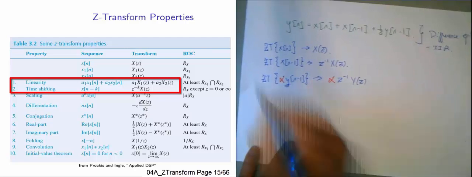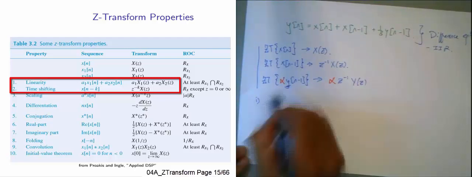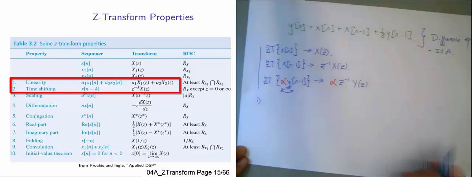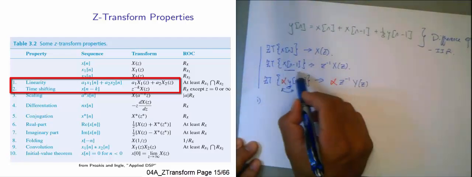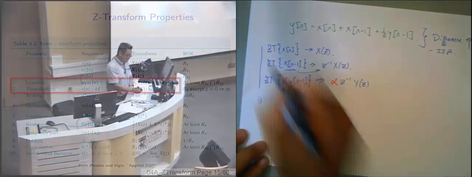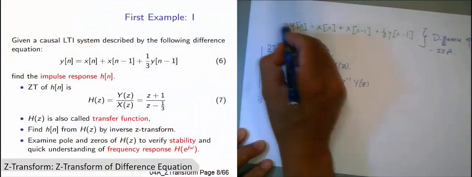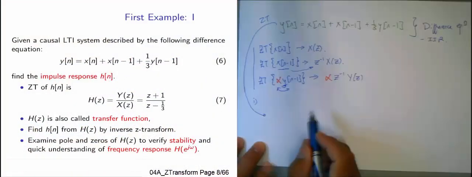All right, with these three things, I have only applied two rules. One is the scaling property of the Z transform. And the second one is the property of the delay. So there are two properties I apply. With these two properties, I can now convert my difference equation through my Z transform.